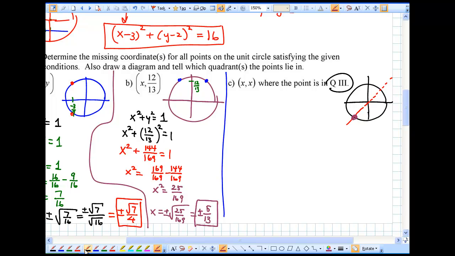Well, let's go and plug it into the unit circle equation. So I got x squared plus x squared equals 1. x squared plus x squared, that's 2x squared, that equals 1. We'll divide both sides by 2, so x squared equals 1/2.